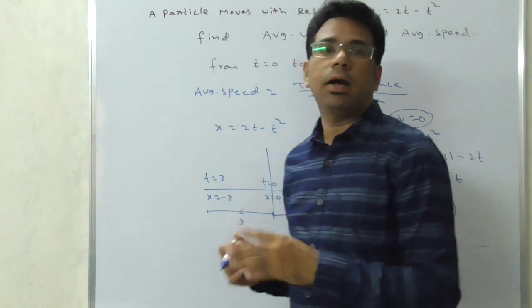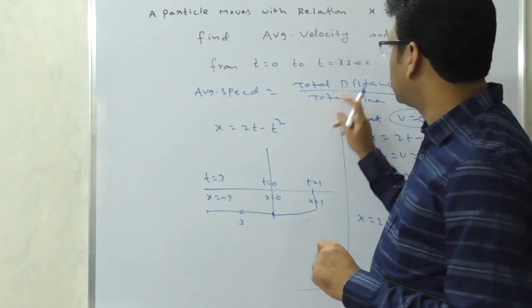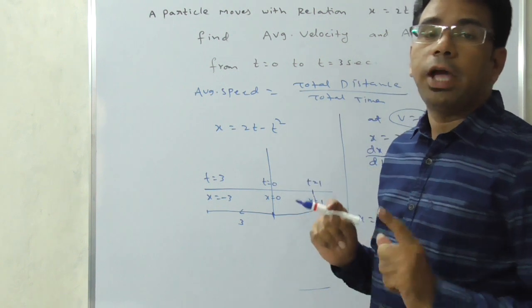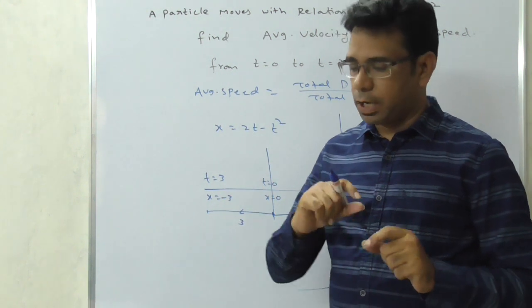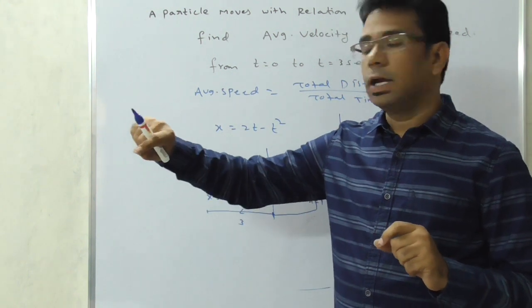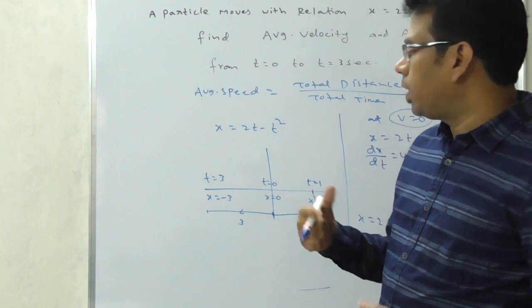So all this mechanism you should do for average speed. Very, very important point: to get total distance or average speed, we have to check when the particle takes a turn. The particle may move as it is, or it may turn at a particular time, so we have to check that.